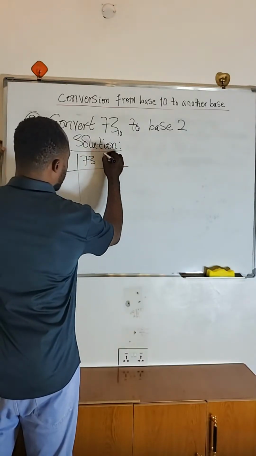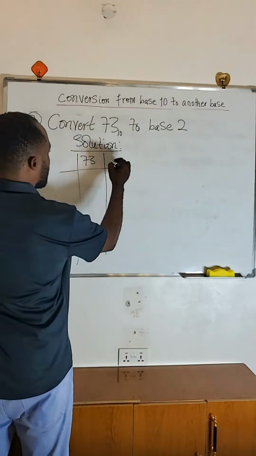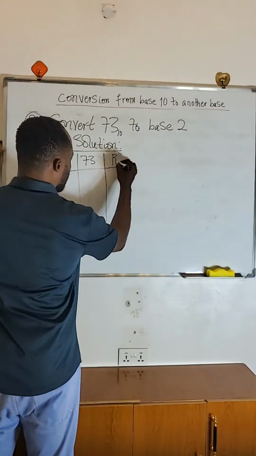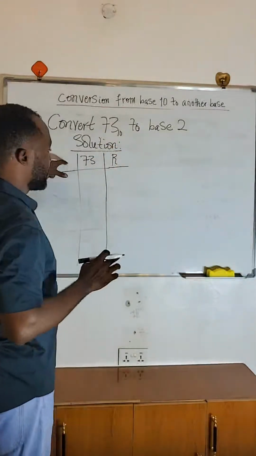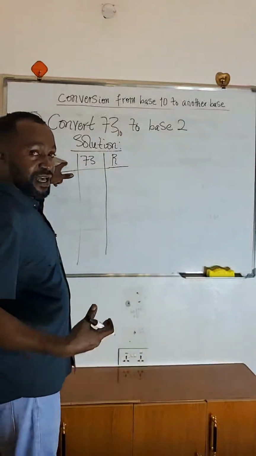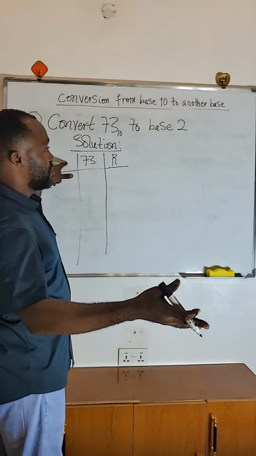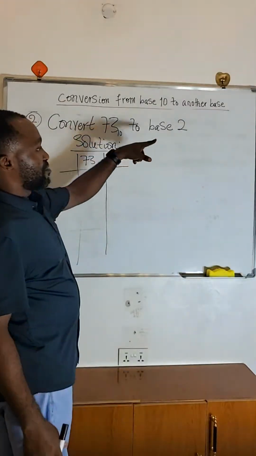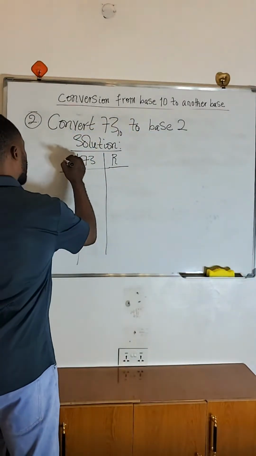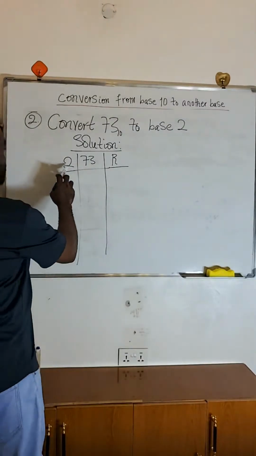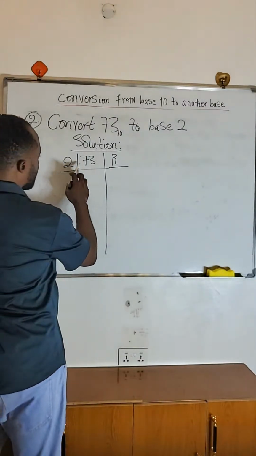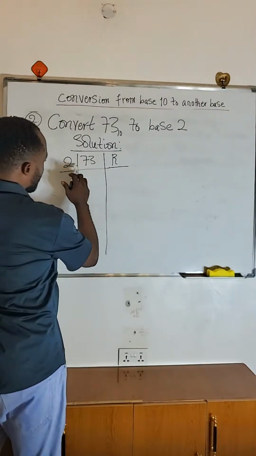This column here is for our remainder. Now this place is for the new base that we are being asked to convert it to, which is what? Base 2. So we are going to write 2 here. First, 73 goes into here. Let's go.